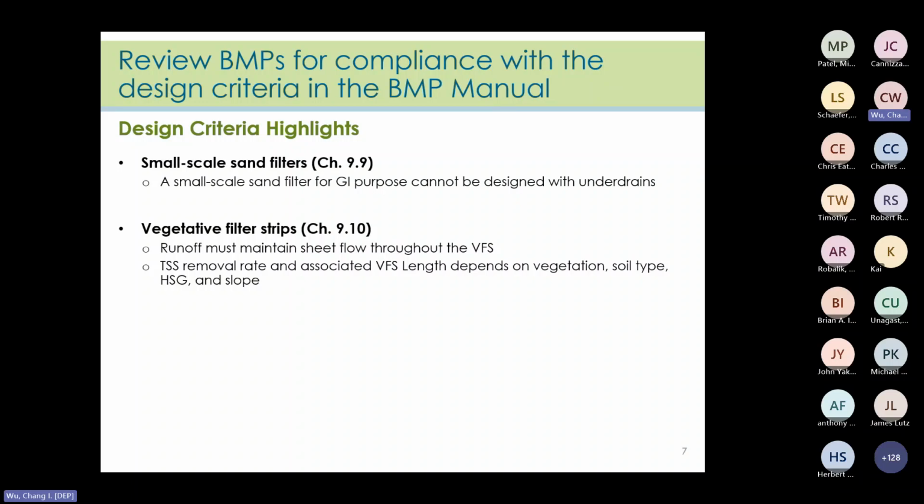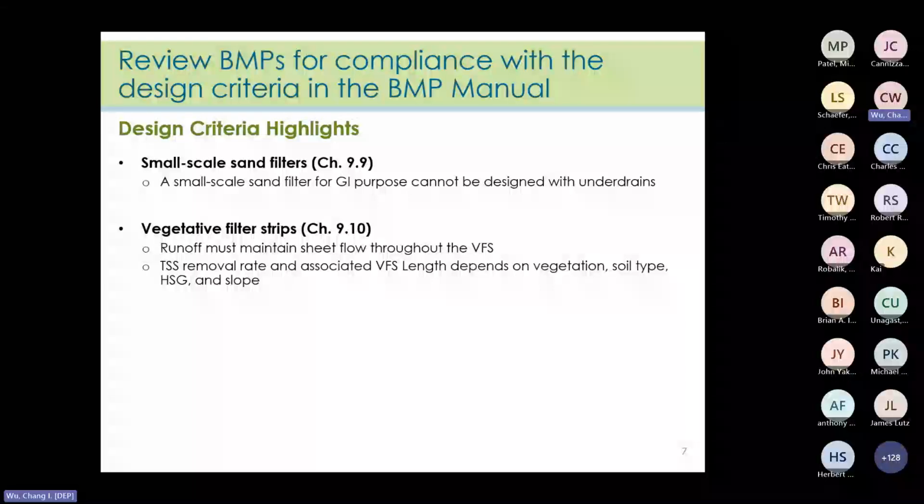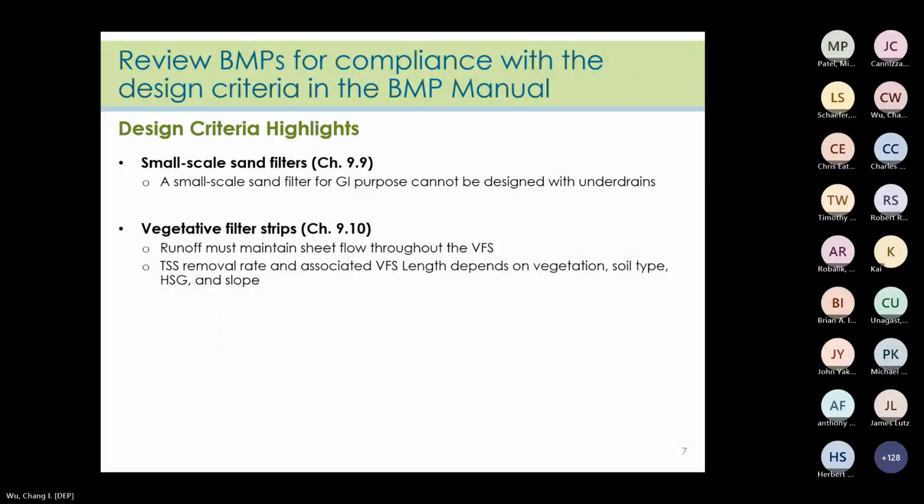So if you have a piping system collecting runoff from, for example, a motor vehicle service, and you want to pipe the runoff into a vegetative filter strip area, that would not be allowed, because once the runoff is concentrated, it would not be able to spread out as sheet flow. The TSS removal rate and associated vegetative filter strip length depend on the vegetation, soil type, hydraulic soil group, and the slope.